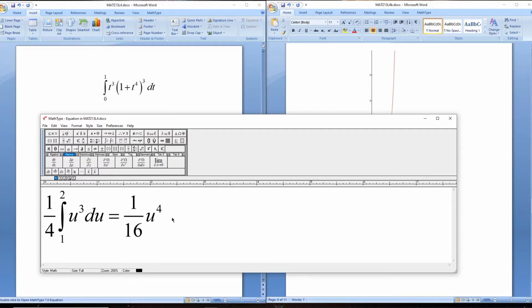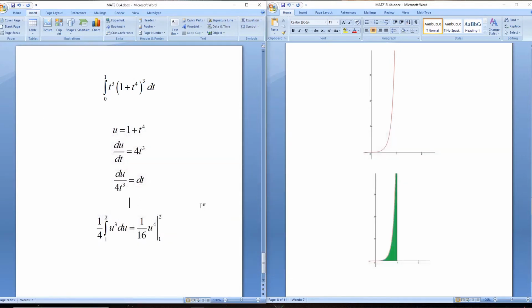So that is our antiderivative, and I'm going to stick the bar on that to indicate we haven't done the fundamental theorem of calculus yet. And so there you go, there's our antiderivative.